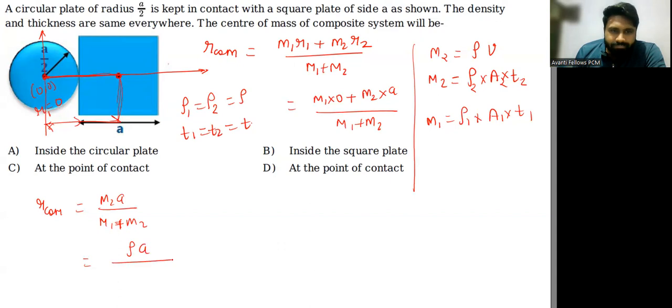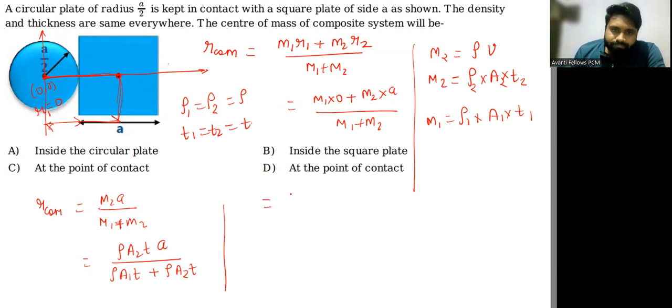So rho into a2 into a divided by m1, put the value of m1 which is rho a1 t, plus rho a2 t. The value of m2 will be rho a2 into t. We will cancel out the rho t from both numerator and denominator.